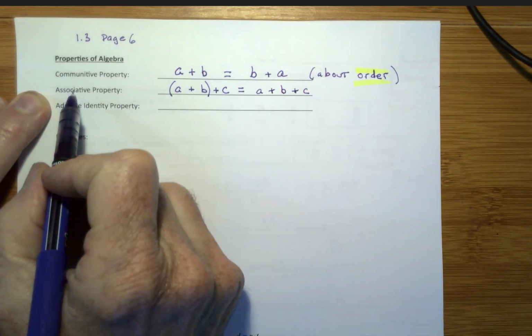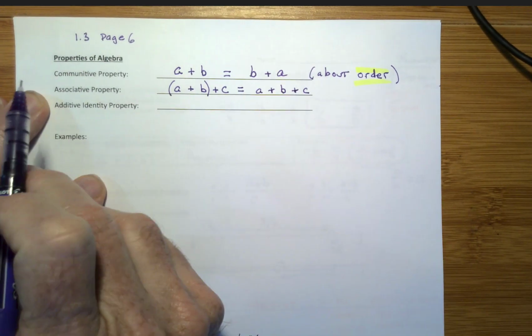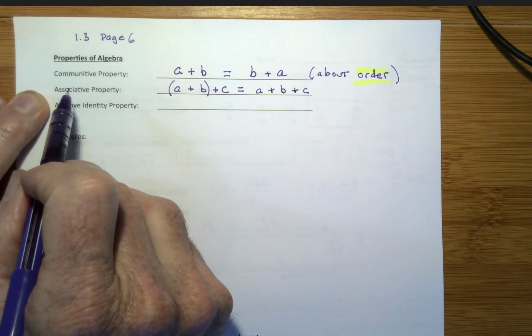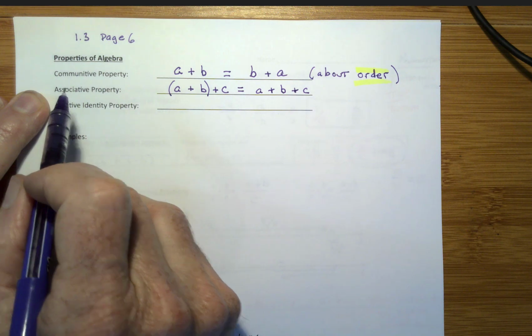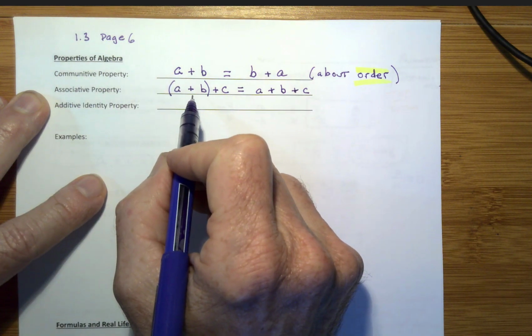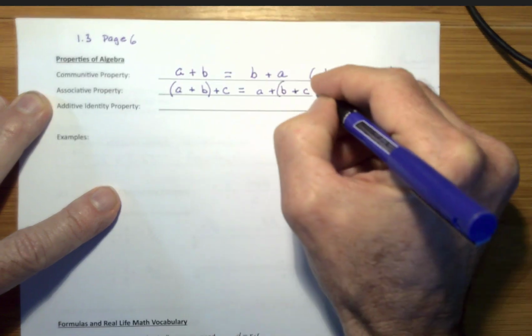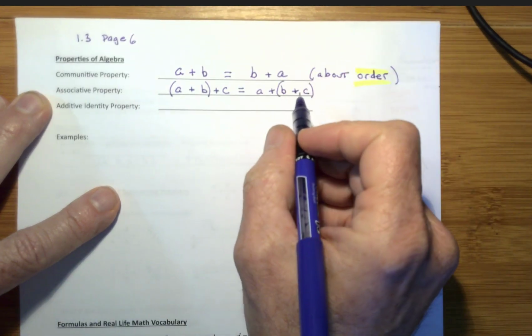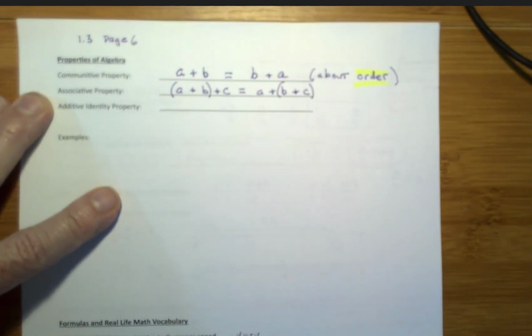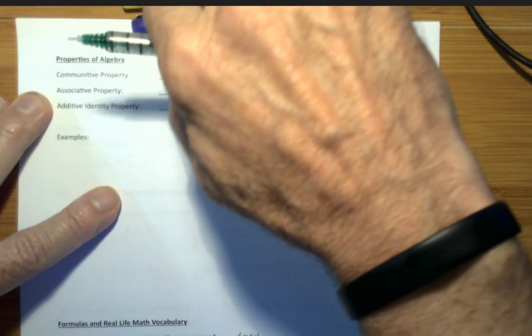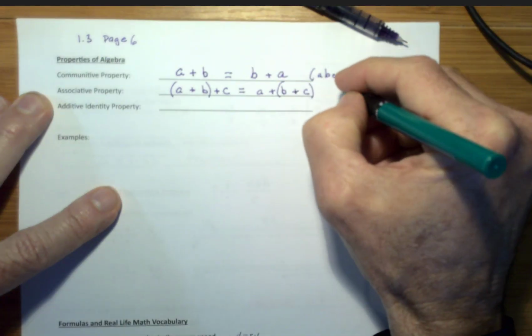The associative law is not about order. The associative law is about groups. And it says that if you add A and B first, you get the same answer if you group B and C. That means we add B plus C first and then add A. So the associative law is about groups.